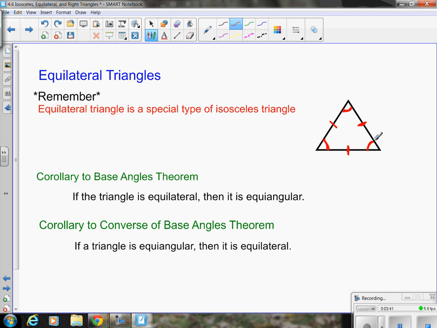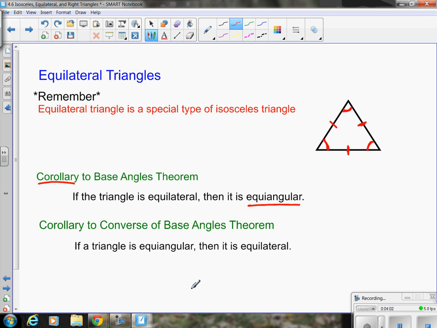And for an equilateral triangle, it turns out that it is also going to be equiangular. Okay, all angles the same measure. Corollary, remember, it follows easily from the theorem. And the corollary to the converse is if all the angles are the same, then it's an equilateral triangle.